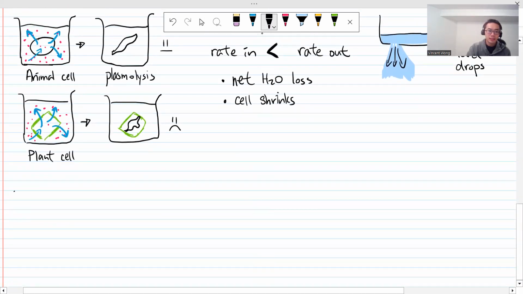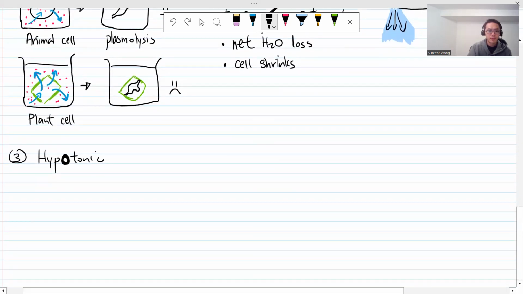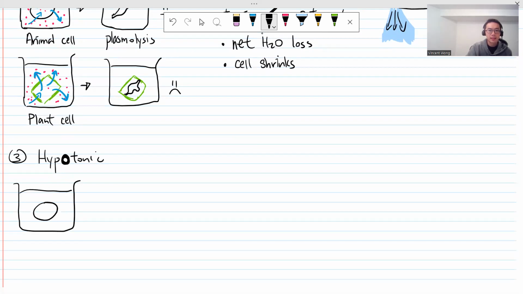Okay. Number 3, last one. This is hypotonic, with an O. And you guys can probably guess what this is like. You're gonna have a lot more solute inside than outside.